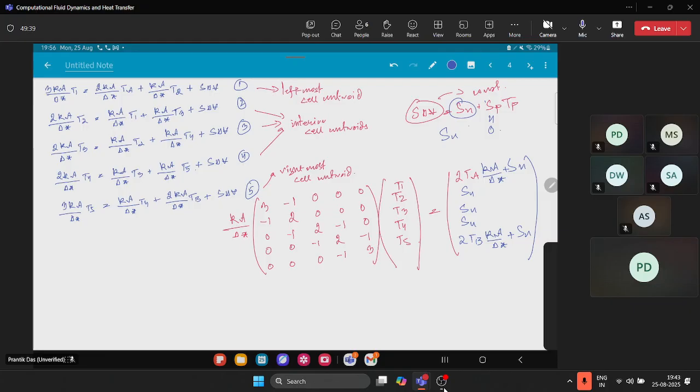I want all of you to write this matrix on your copy so that when I write the code, you can tally that with the coefficients which are present in your copy. So I am giving you a few minutes to copy this matrix. Note it down, because this screen will not be visible when I am coding.